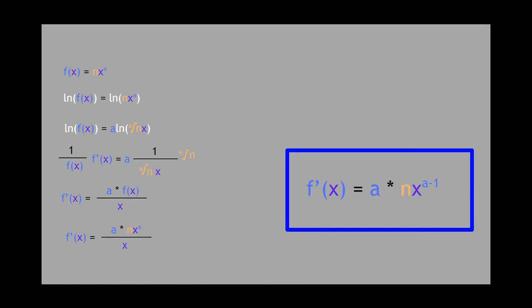And what you'll have is actually the answer for the derivative of a power function, which is f prime of x is equal to a times n times x to the a minus 1. And this is called the power rule.